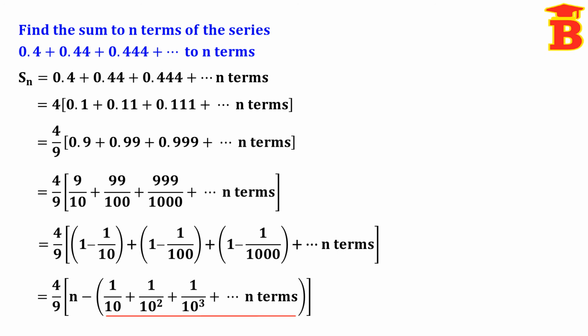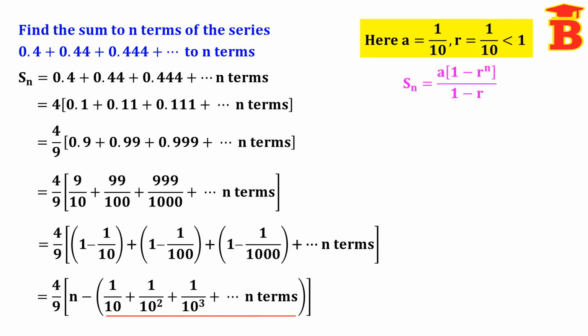Here the first term A is equal to 1 by 10 and the ratio R is equal to 1 by 10. The ratio is less than 1, so we use the summation formula Sn equal to A into 1 minus R power n divided by 1 minus R.